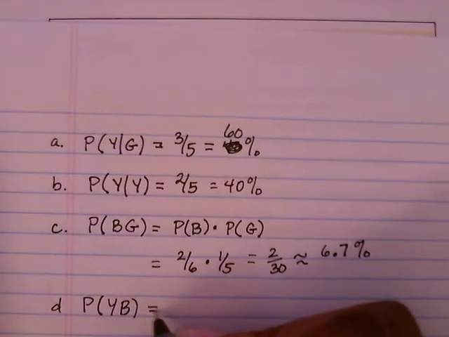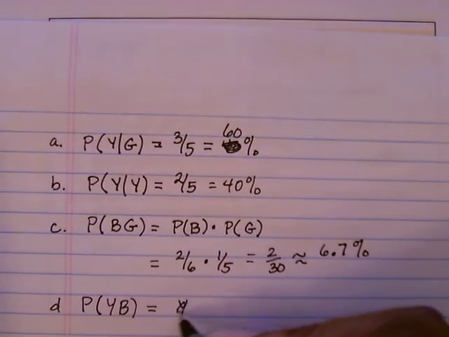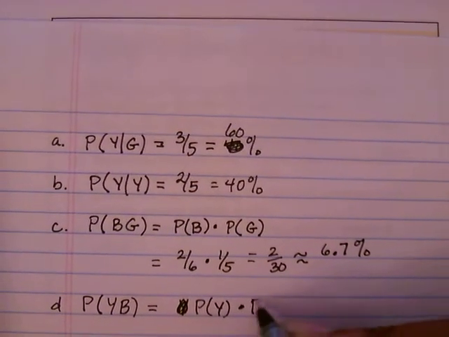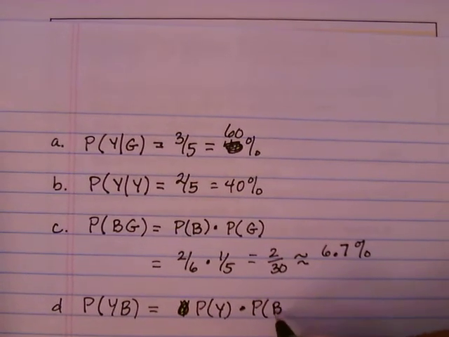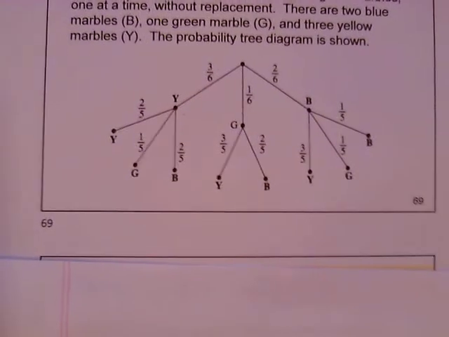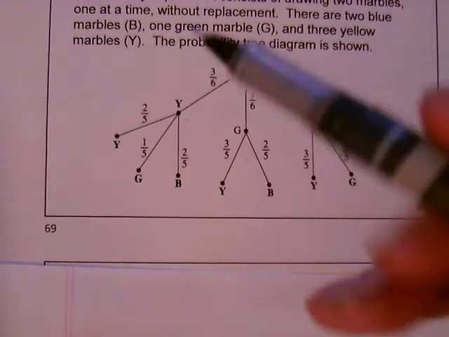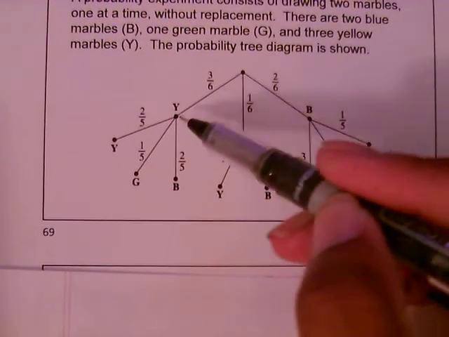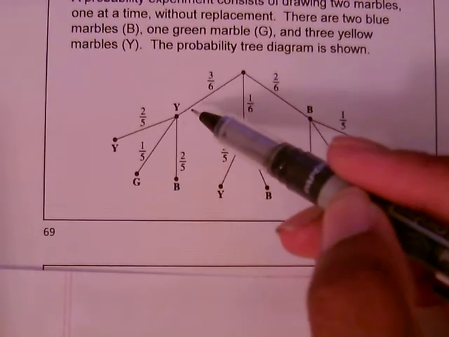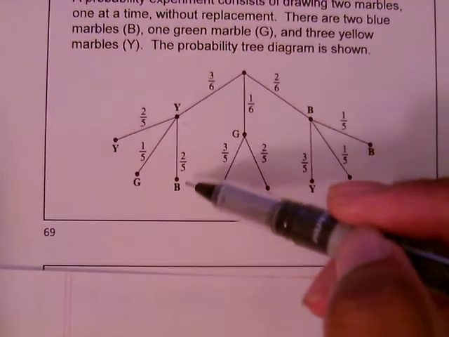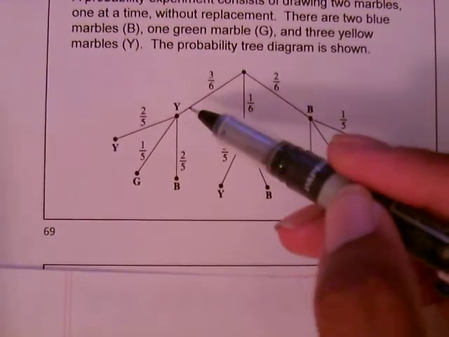So again, we got to multiply the probability of getting a yellow marble times the probability of getting a blue marble. And in this case, by looking at that particular diagram, probability of a yellow marble, that's this, 3 over 6. And then the next marble being blue will be 2/5. 3/6 times 2/5.